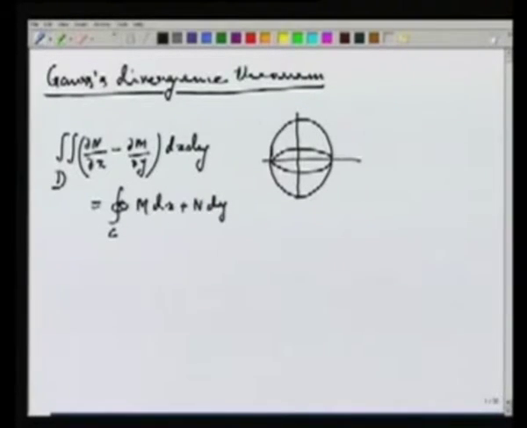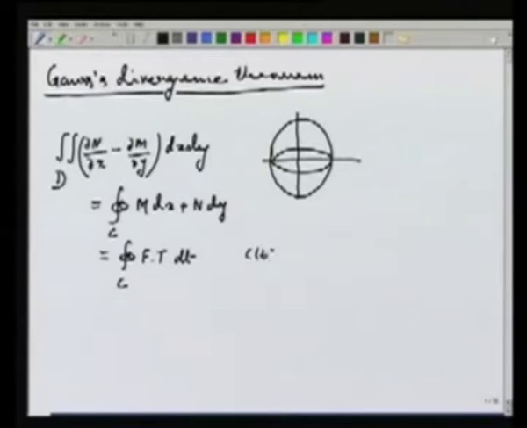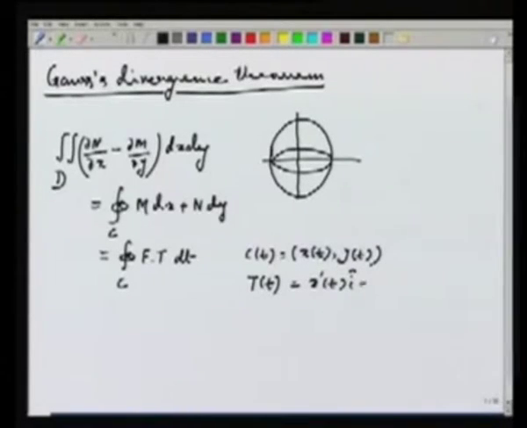Now we can recall that this last integral can also be written in the tangential form, that is integral over C of F dot T dt, where T is the unit tangent to the curve C. So if C(t) is (x(t), y(t)), then T(t) is a constant multiple of x prime(t) i plus y prime(t) j.